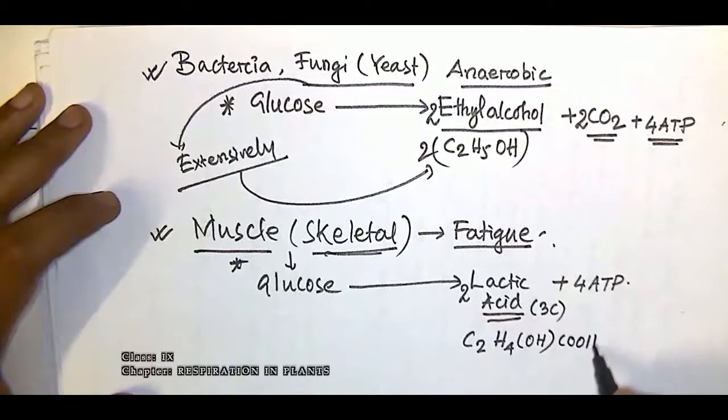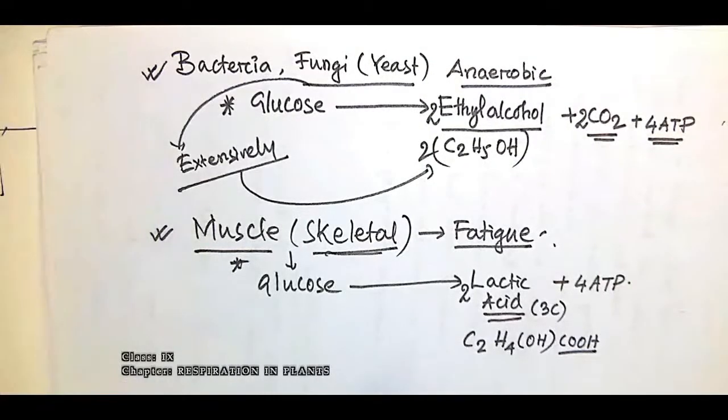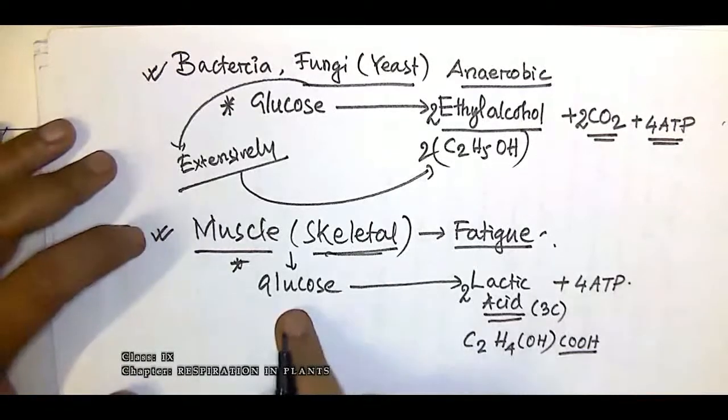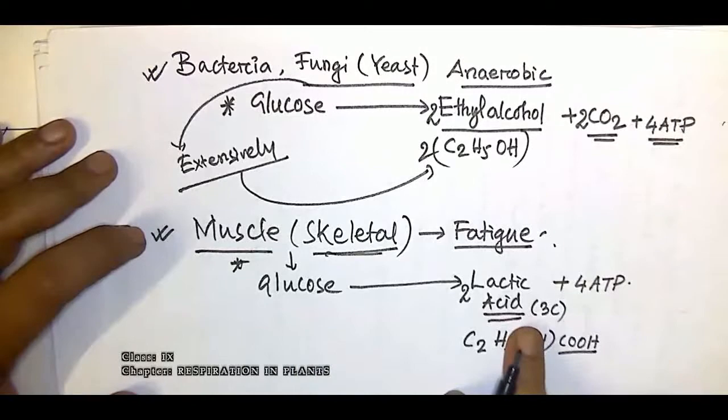As it is an acid, it will have a carboxylic group, right? So, glucose getting converted to lactic acid. Is this clear? And these lactic acid, how many molecules are being formed? Two molecules are being formed.